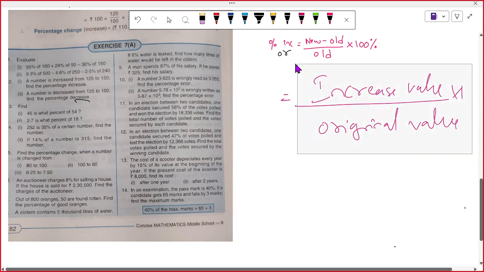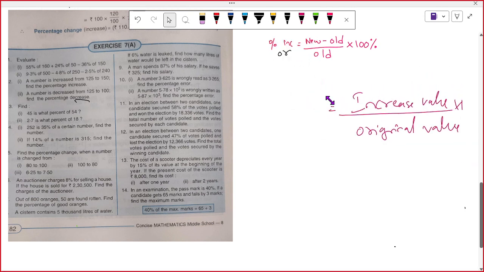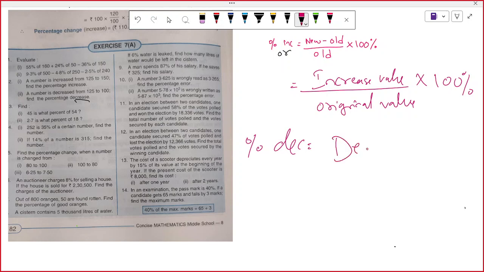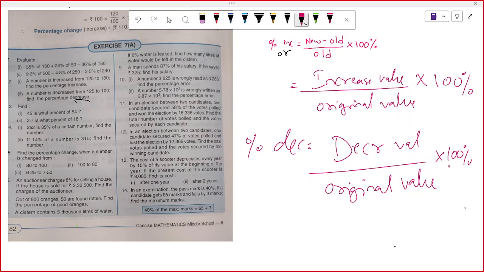For this, you'll have to use two steps: increased value divided by original value into 100%. That is for percentage increase. What about percentage decrease? Decreased value divided by original value, original number, into 100%.